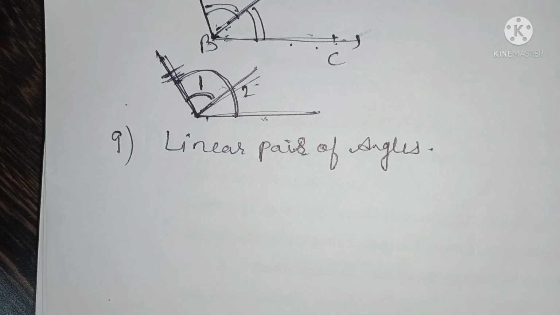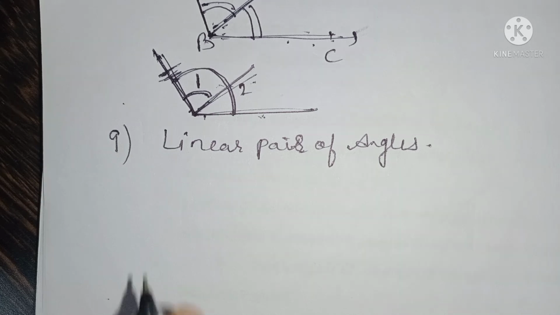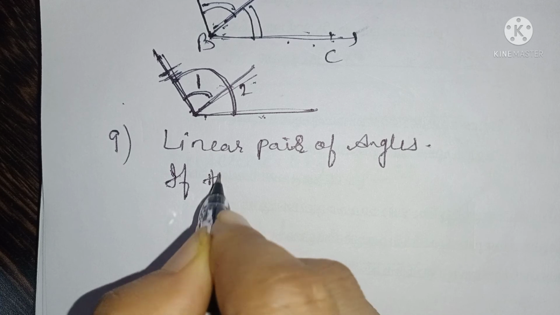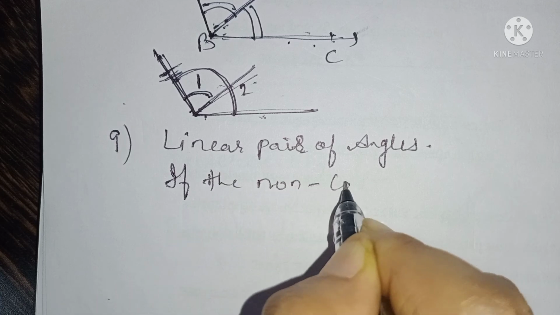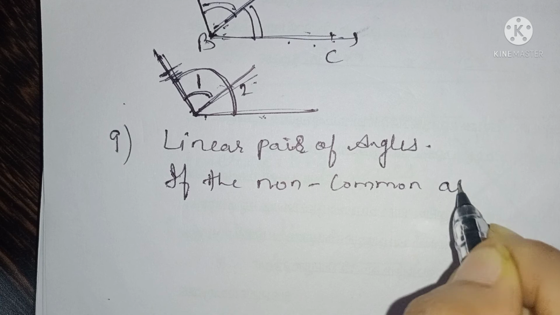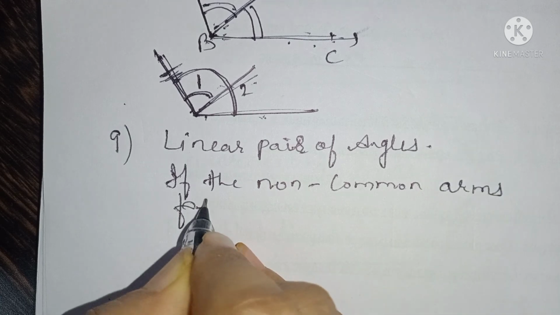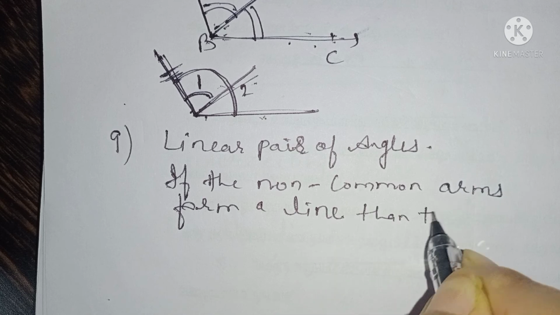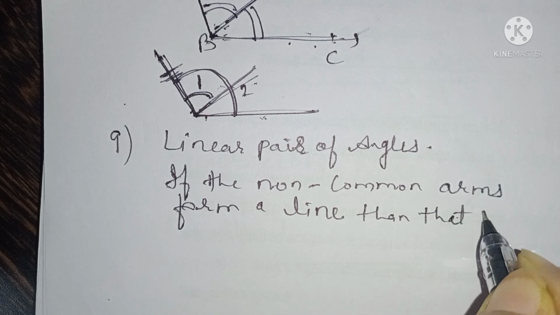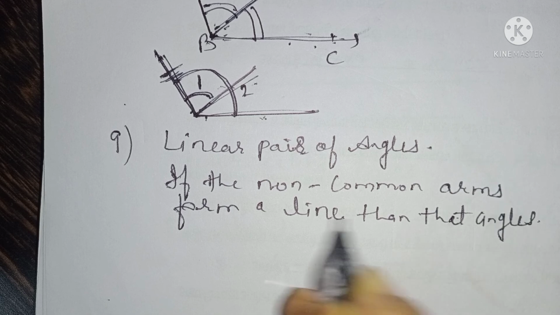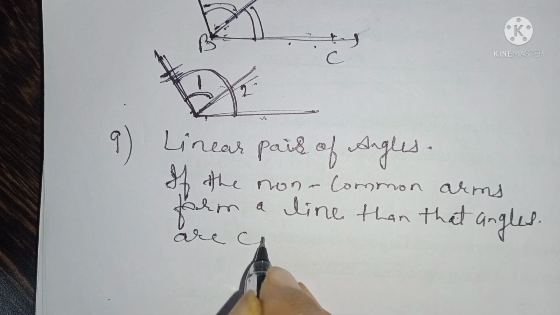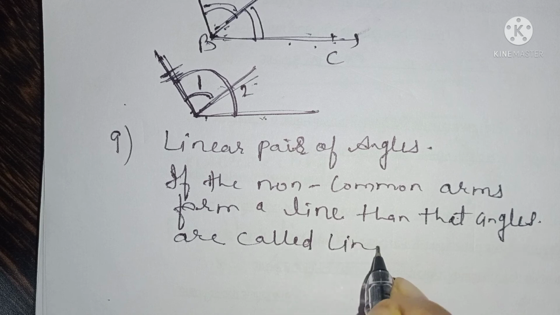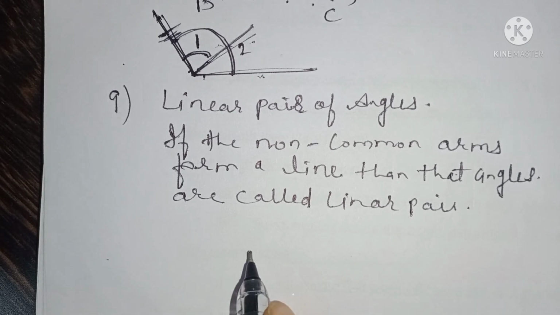If the non-common arms form a line, then those angles are called a linear pair. Now let's draw a diagram.